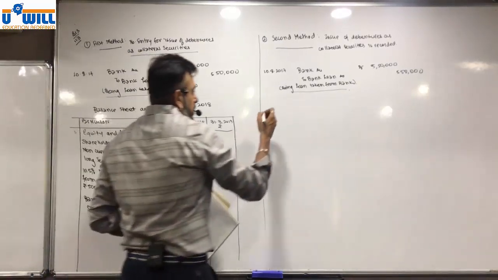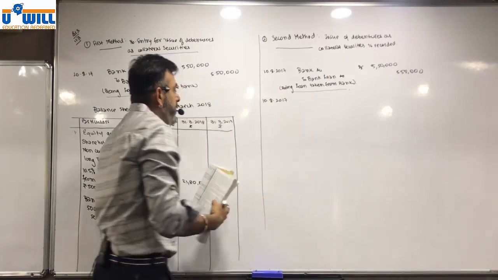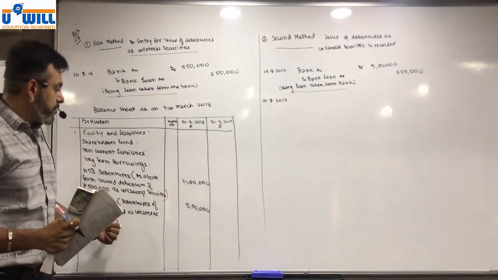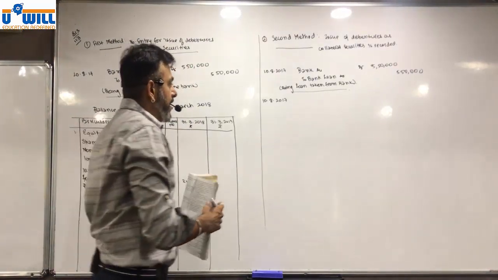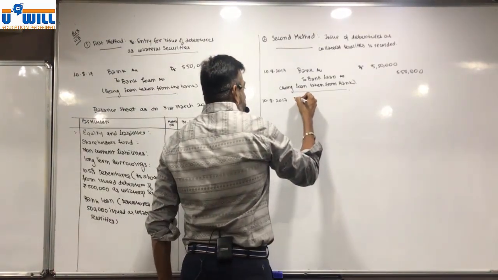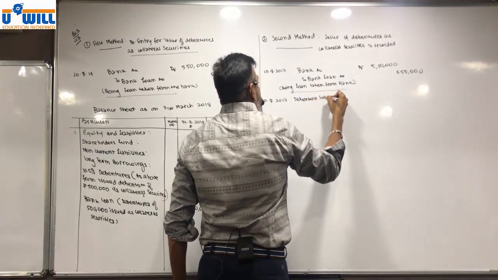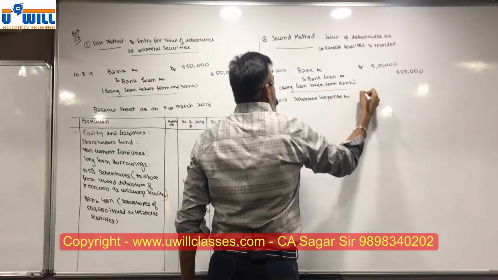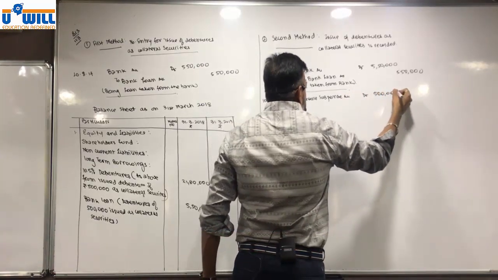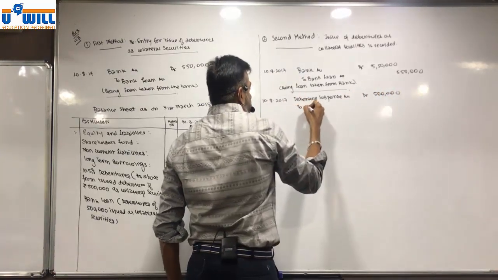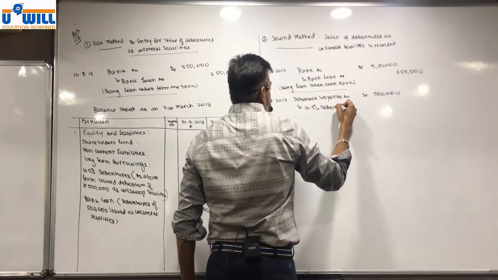Now, again, on 10/8/2017, we are giving debentures of 5 lakh as collateral security. So we'll pass the entry. Debenture Suspense Account Debit 5 lakh to 10.5% debenture account.